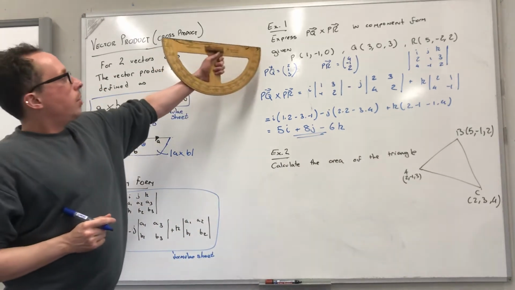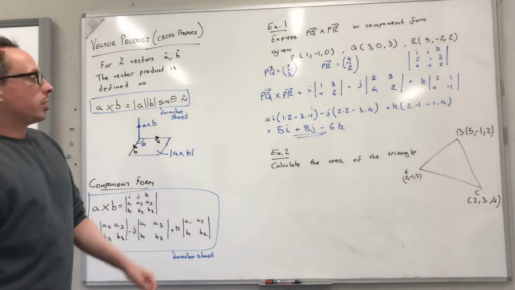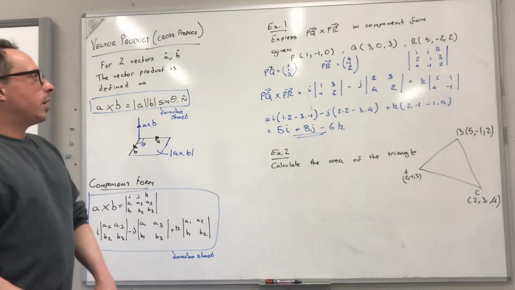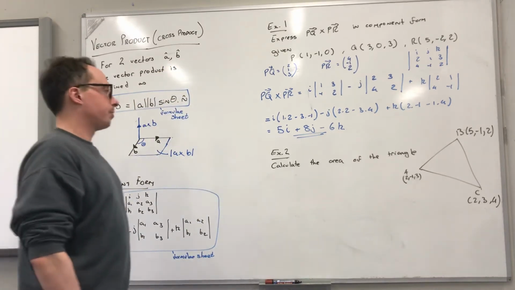So PQ cross PR becomes 5i plus 8j minus 6k. And that's us finding the cross product in component form.